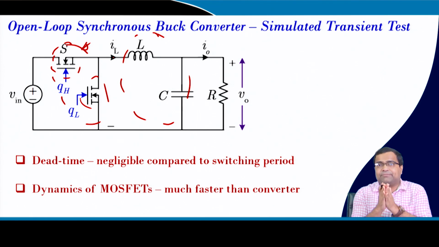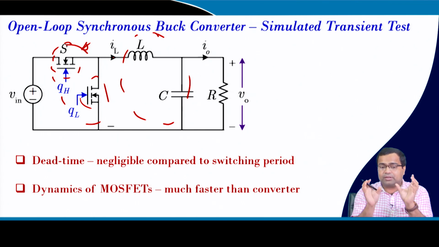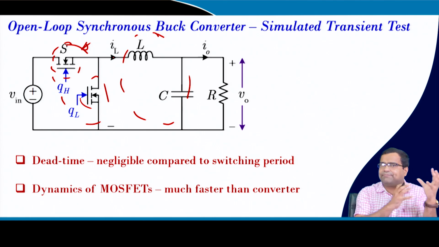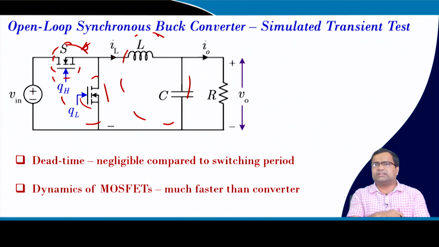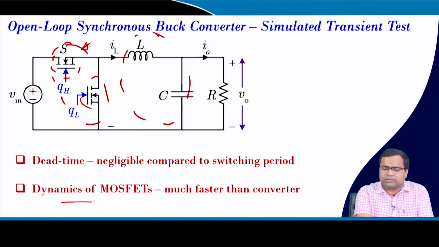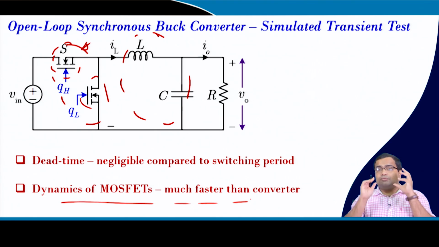So we can apply singular perturbation theory, where the two systems have a difference in their time dynamics. That means one is very fast and another is very slow. The faster one will decay very quickly and then it will be primarily dominated by the slower one, and that is exactly what happens.